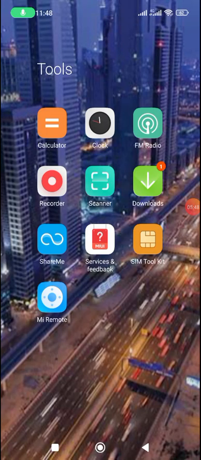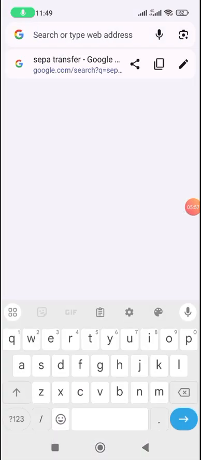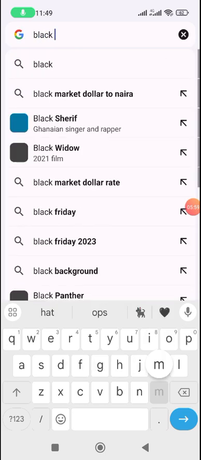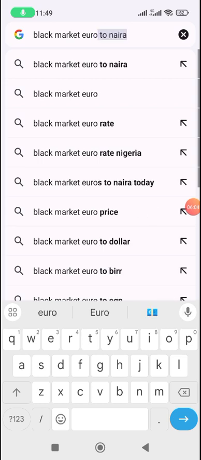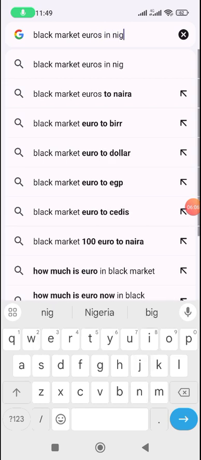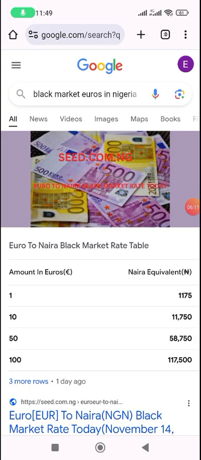Now when you check the Nigerian rate, this can be done in two ways. The first way is that you can check the black market price for euros in Nigeria as of today. Let's say technically 1175. So the black market price is 1175.